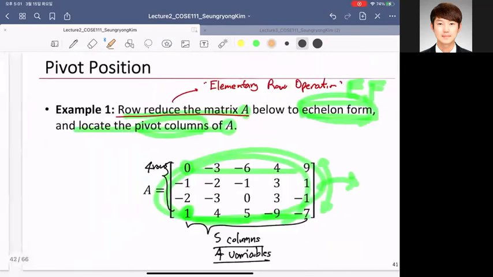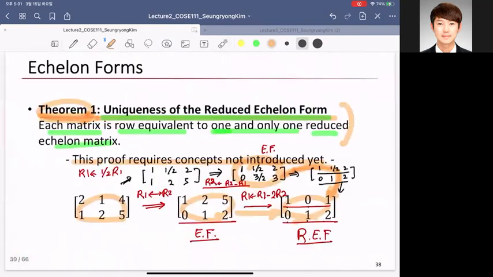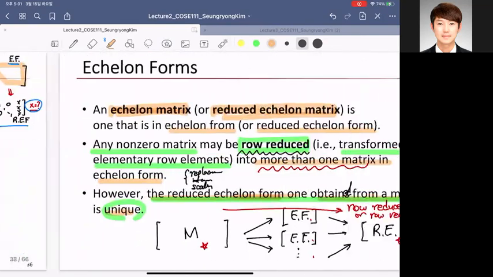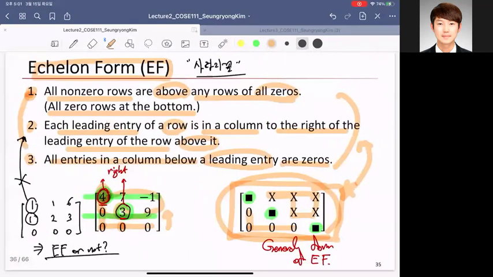Let's start with the definition of the echelon form and reduced echelon form. The echelon form of a matrix should satisfy these three statements: first statement, second statement, third statement.